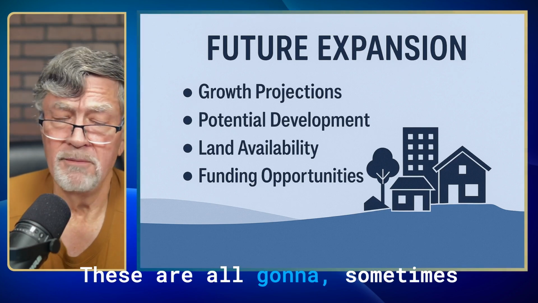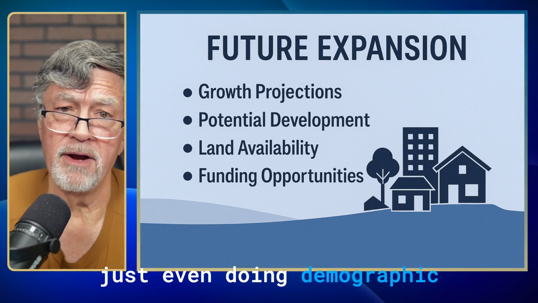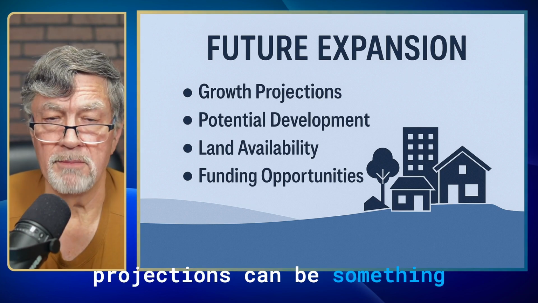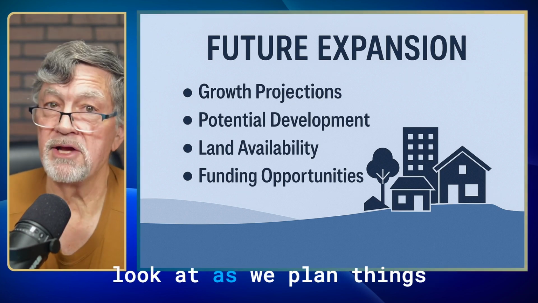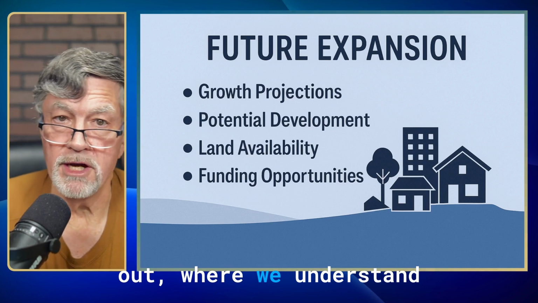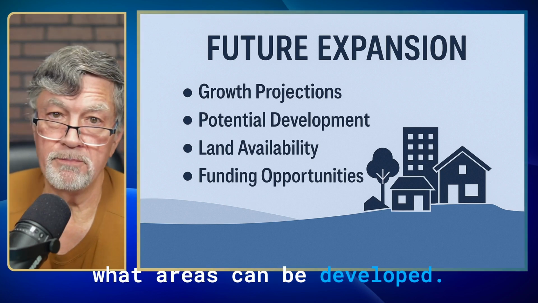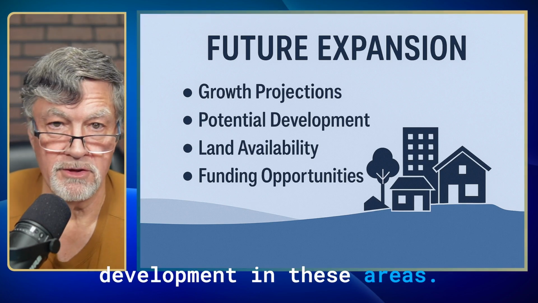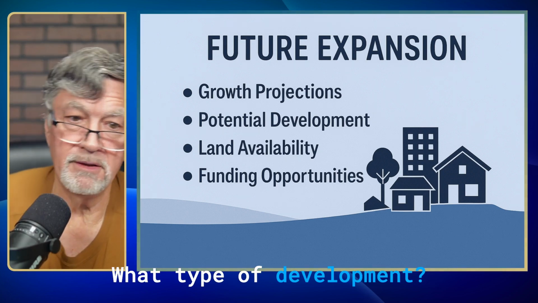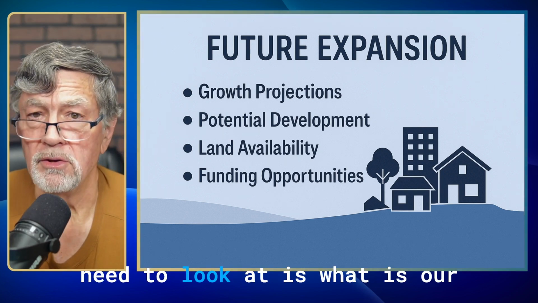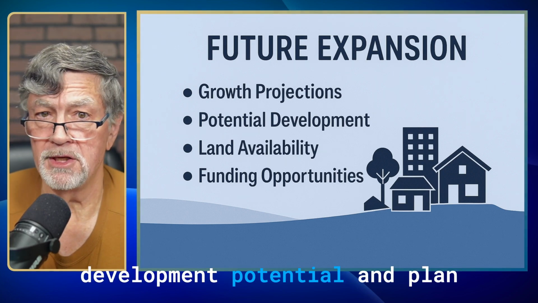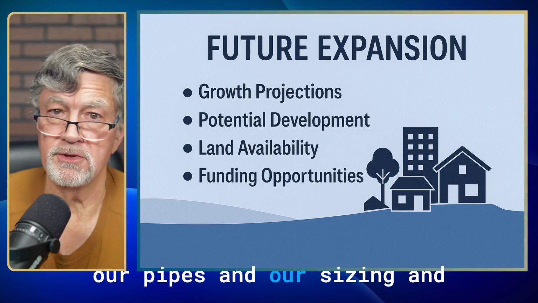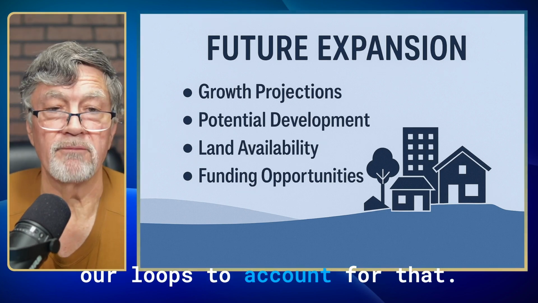Sometimes even doing demographic projections can be important as we plan things out, so we understand what areas can be developed, what the county general plan allows for development in these areas, and what type of development. So these are all things we need to look at, what our development potential is, and plan our pipes and our sizing and our loops to account for that.